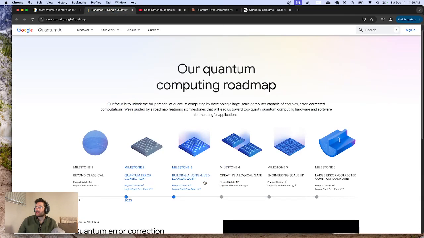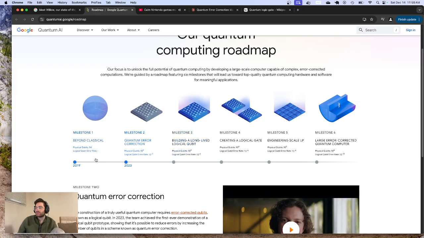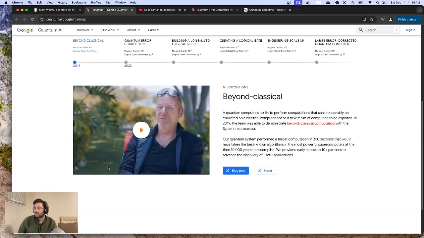Alright, I'm curious, what is their roadmap? Beyond classical. 2019, physical qubits, 54, physical error rate. Quantum computing, they were able to demonstrate, oh, so this is just when they demonstrated that it actually works. Performed a target computation in 200 seconds that would have taken 10,000 years. Yeah, sure.